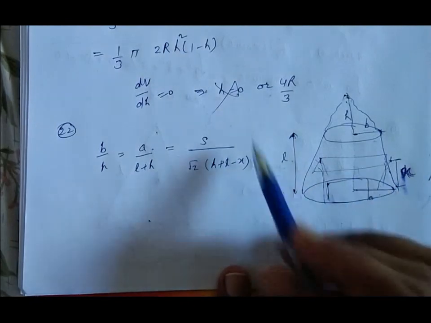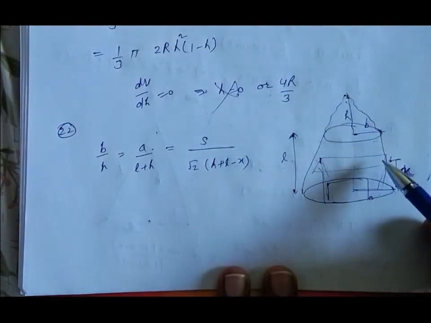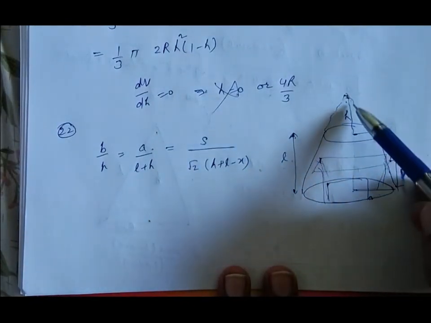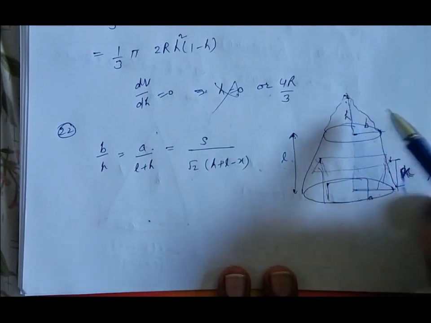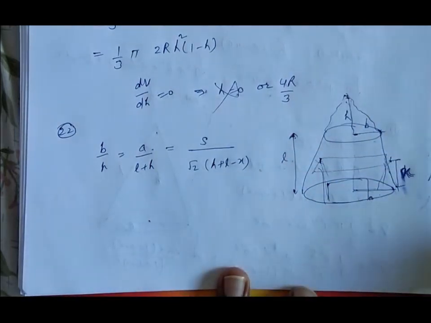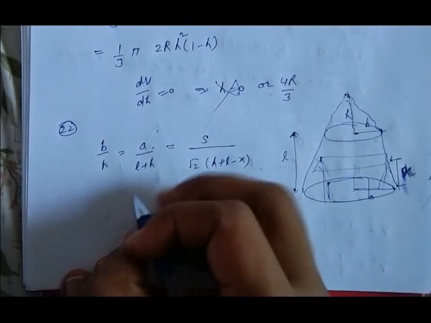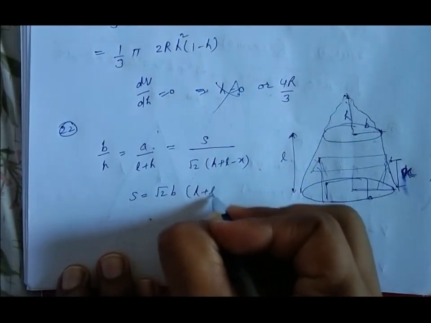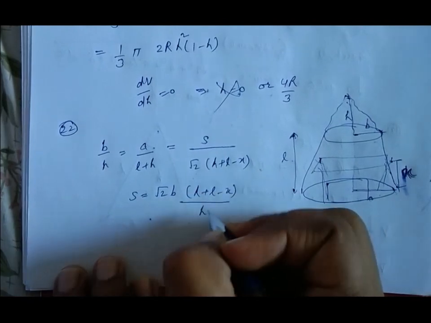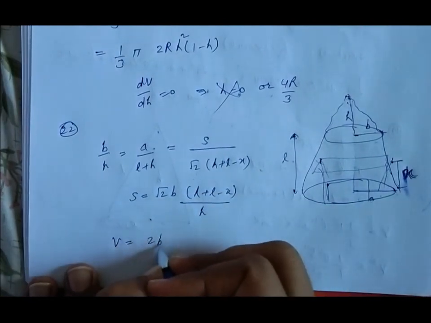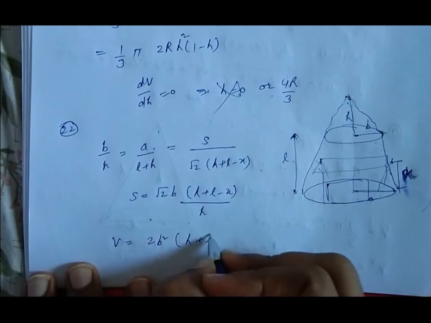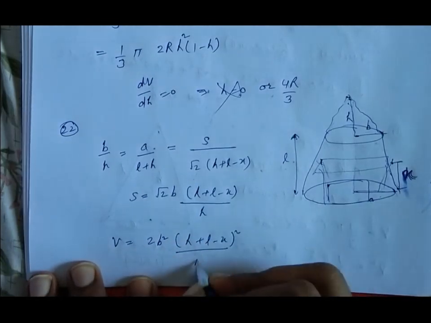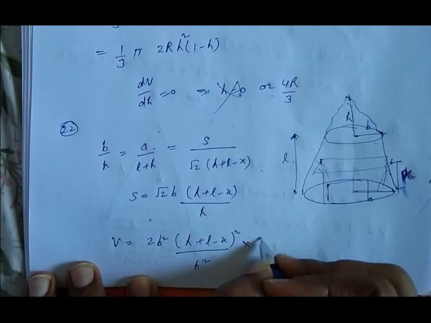So s by root 2 upon (h plus l minus x) equals b upon h. Now s is equal to root 2 b (h plus l minus x) upon h, and V is equal to 2b square (h plus l minus x) whole square upon h square into x.